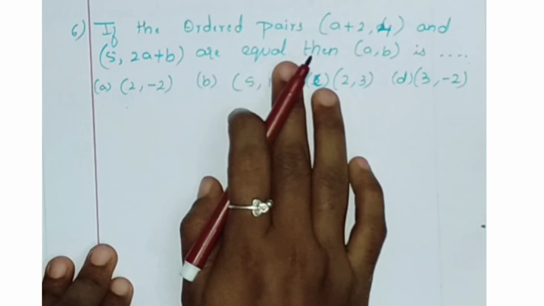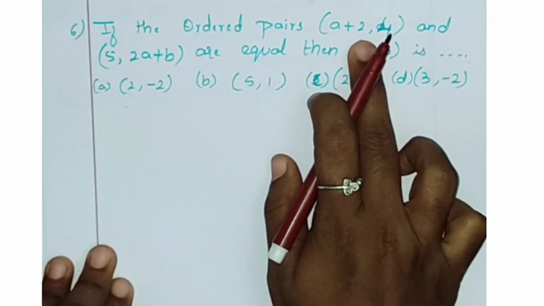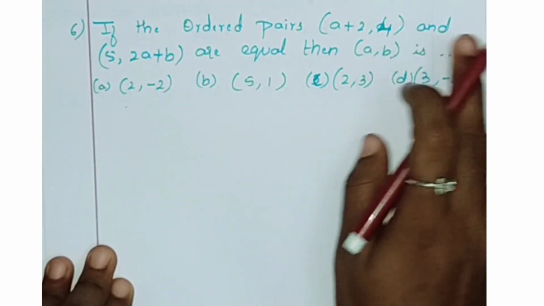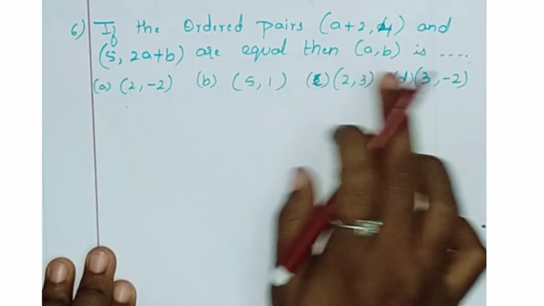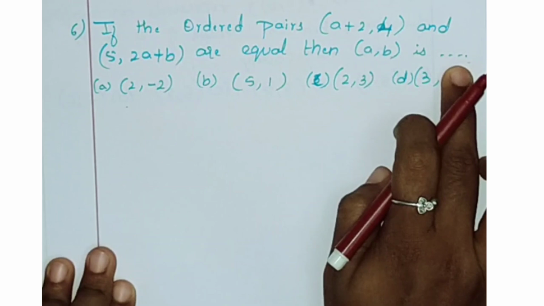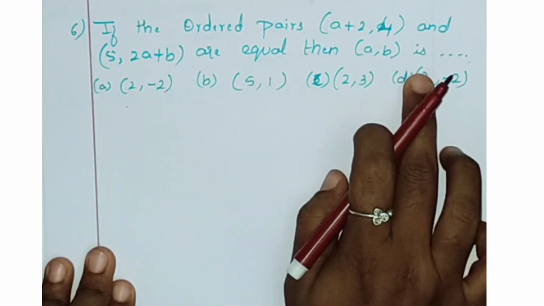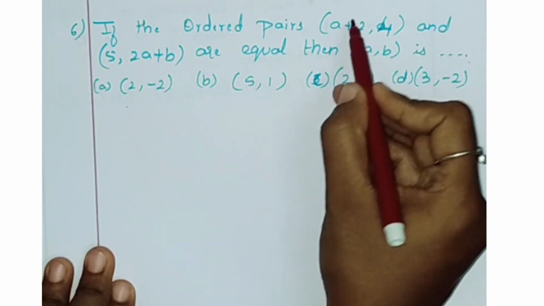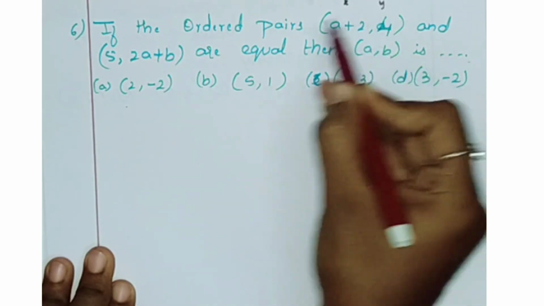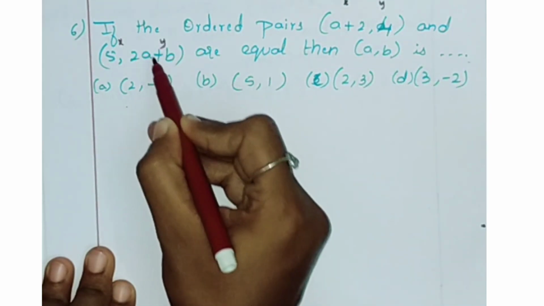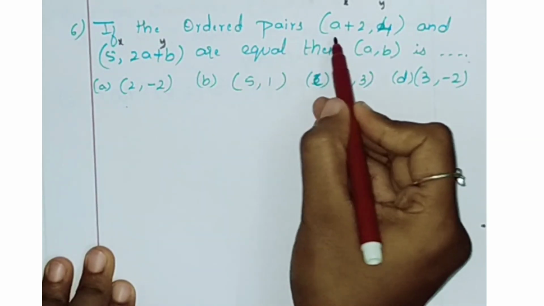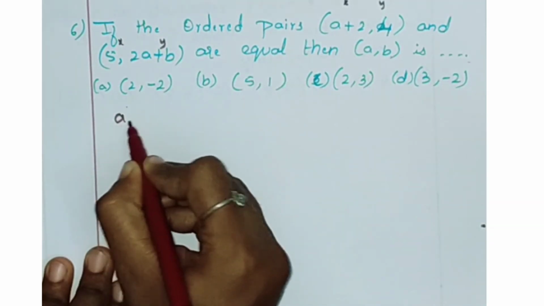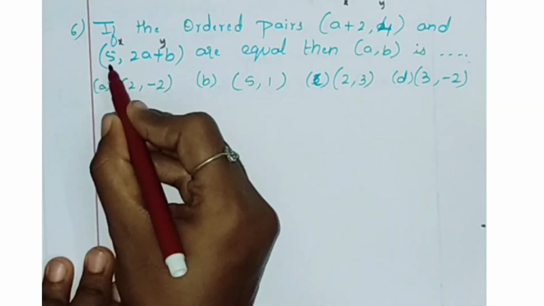If the ordered pairs (a, 2) and (a + 2, 4) and (5, 2a + b) are equal, then (a, b) is. So you have to find the a, b value. This is your X and this is your Y. Definitely X and X will be equal, Y and Y will be equal, so we'll just equate them. So a + 2 is equal to 5.